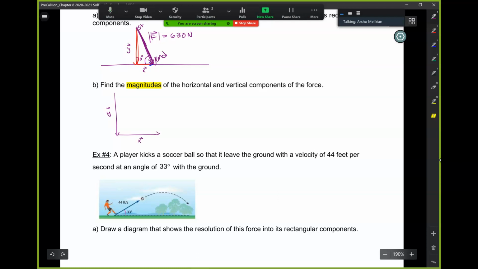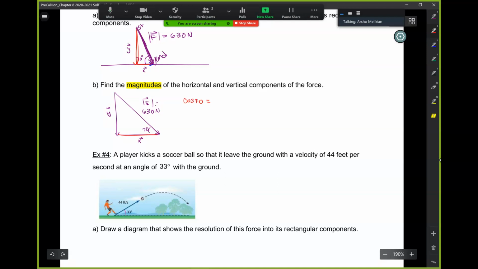Here's x. And then this is 630 newtons. Okay? All right. This is 70. So let's do x first.